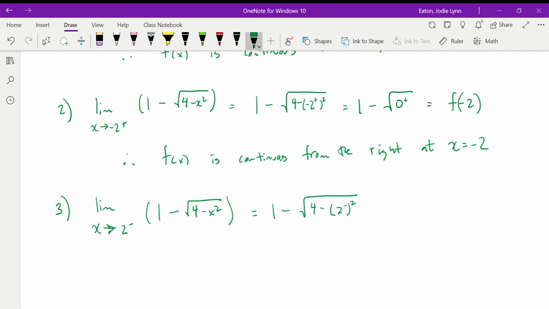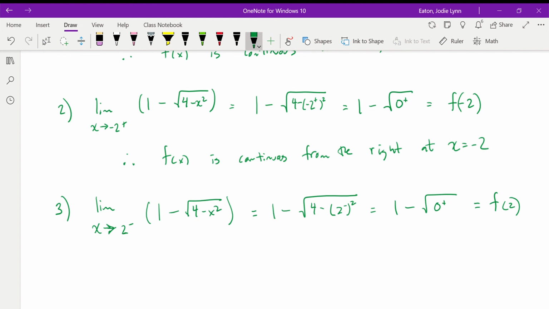So something just slightly smaller than 2 squared. As we can see, this is going to be equal to 1 minus radical something just slightly bigger than 0, which is cool. As long as it's slightly bigger than 0, we're okay. So this is equal to f at 2. So we are fine with this.